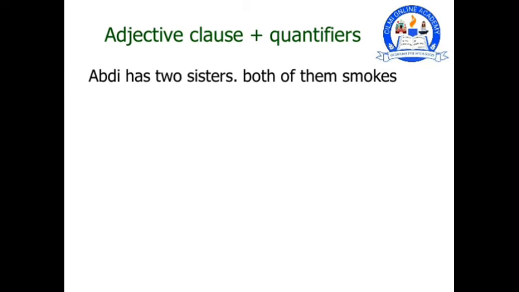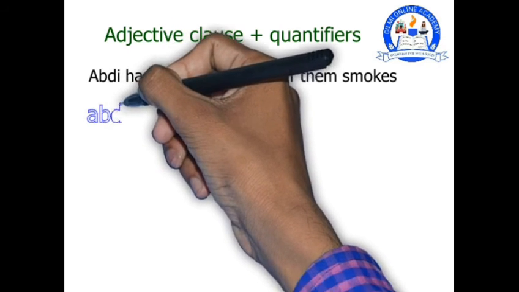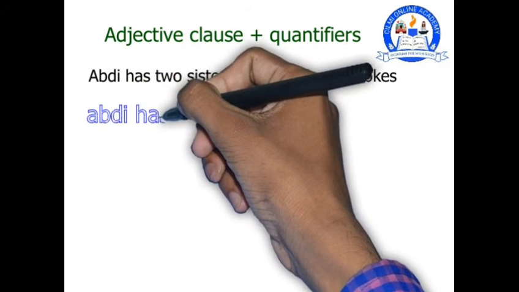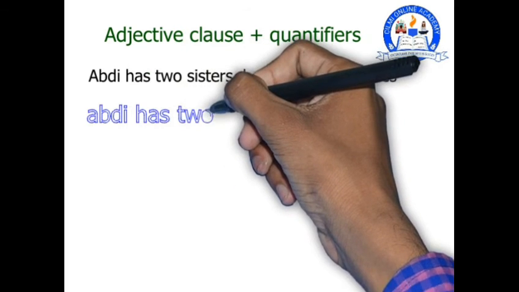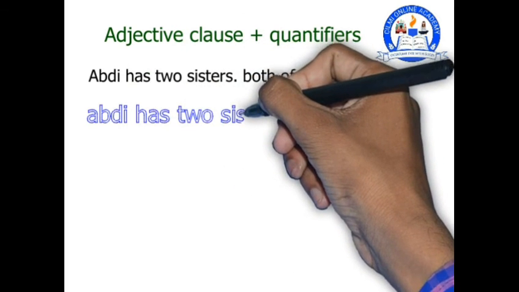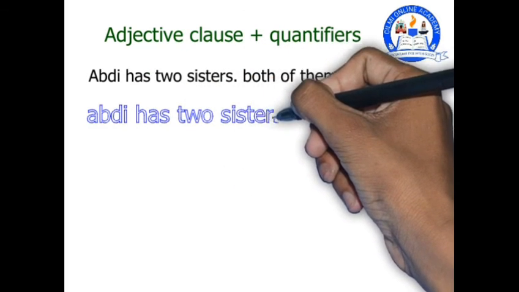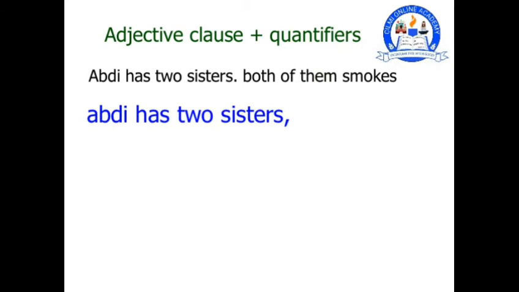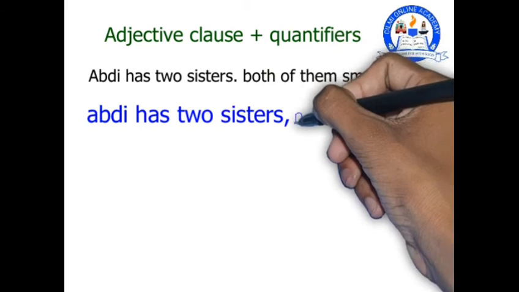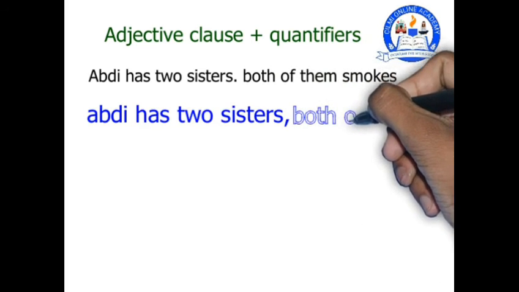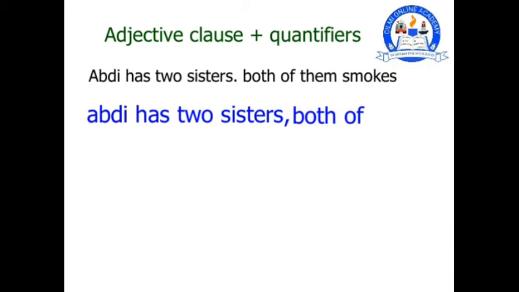So in these sentences, Abdi has two sisters, both of them smoke is non-essential. Don't forget to put a comma, because a non-identifying adjective clause takes a comma.